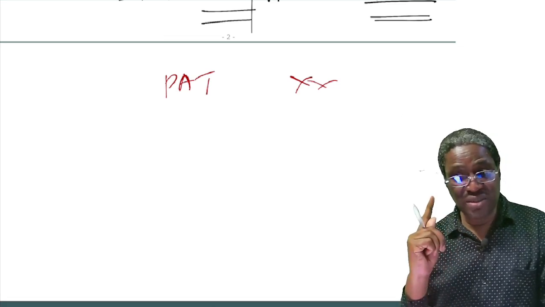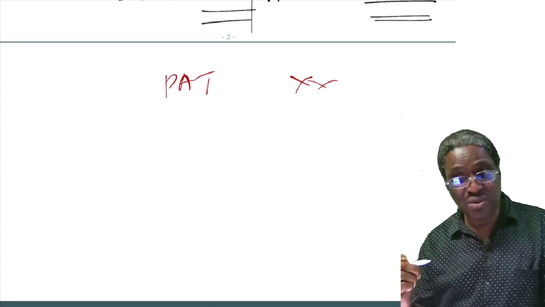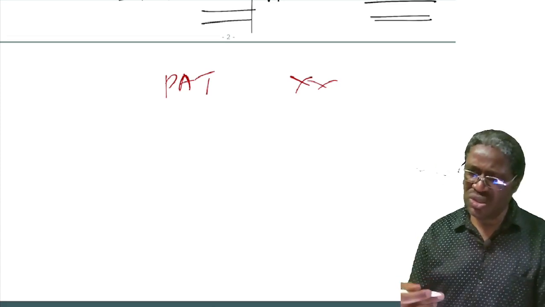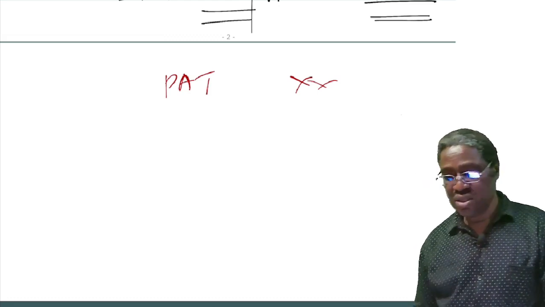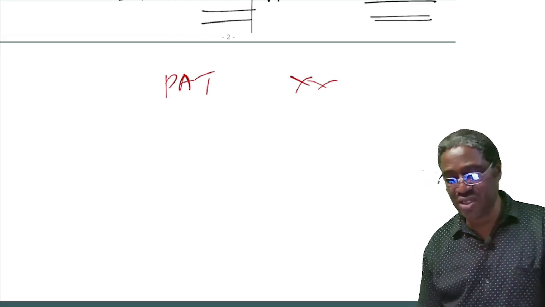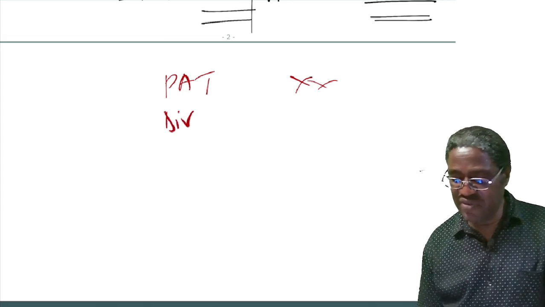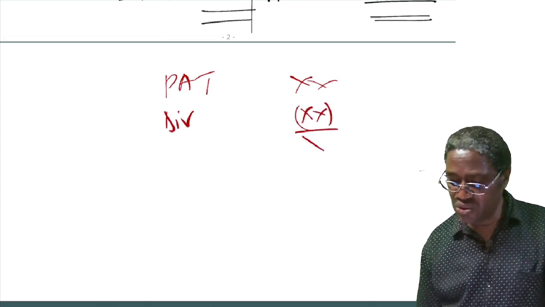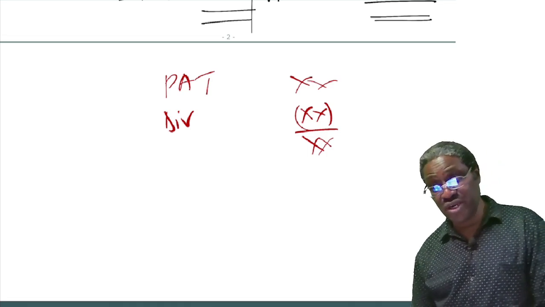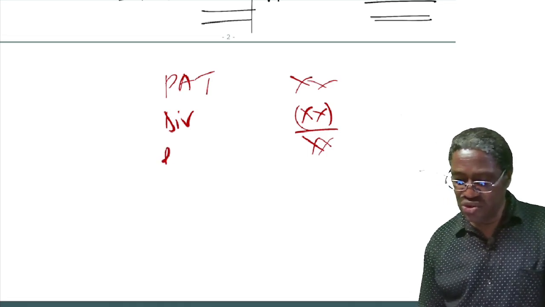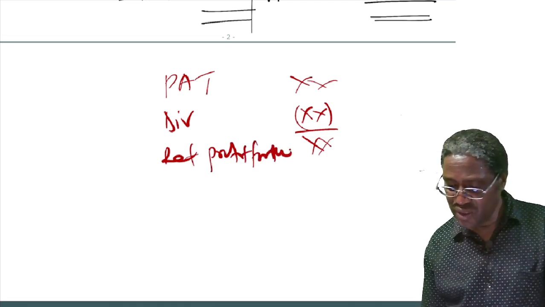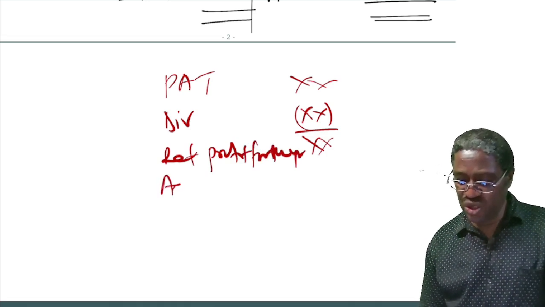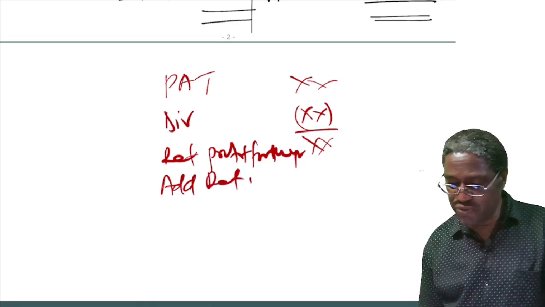How? Listen, before we talk about how, let me remind you how profit is normally appropriated in a company. We normally come and say profit after tax. Then from there, we normally say dividends, whatever it is. You know this from your accounting knowledge. After you do that, you normally get what we call retained profit for the year. Then we normally come and add retained profit brought down.